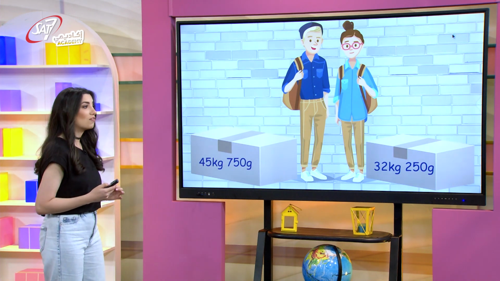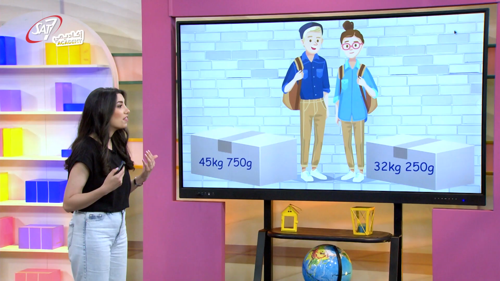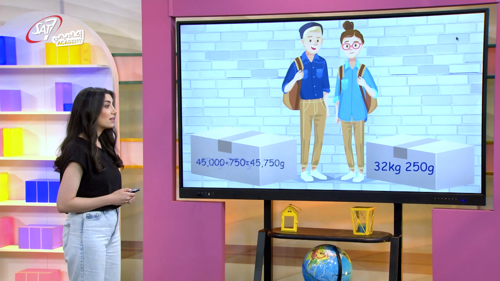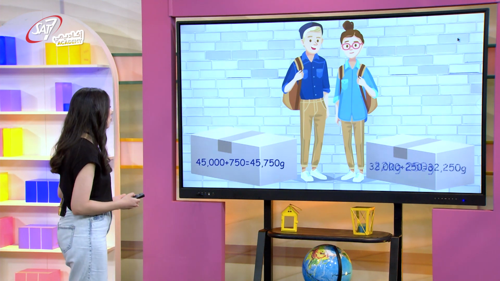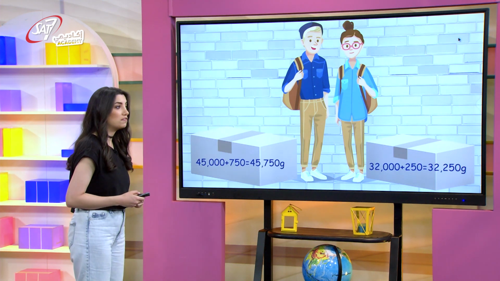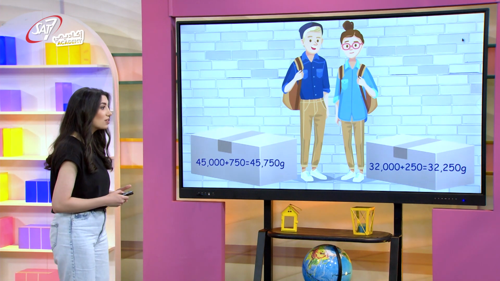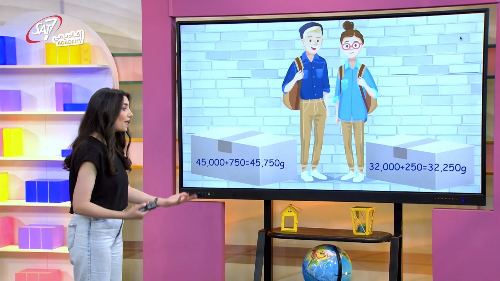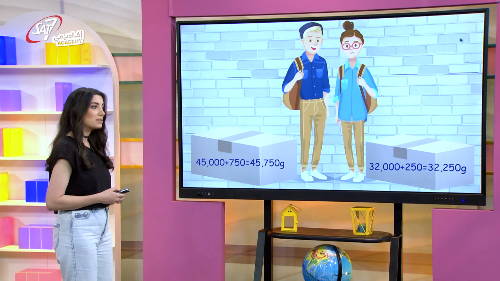If every kilogram equals to 1,000 grams, then 45 kilograms equals to 45,000 grams. Kamal's box weighs 45,750 grams, and Sarah's box weighs 32,250 grams. Now that I have two numbers with the same unit, which is grams, we can easily compare them.